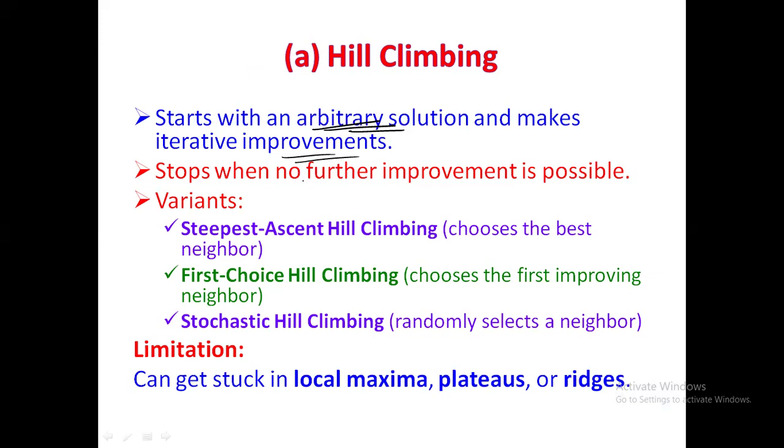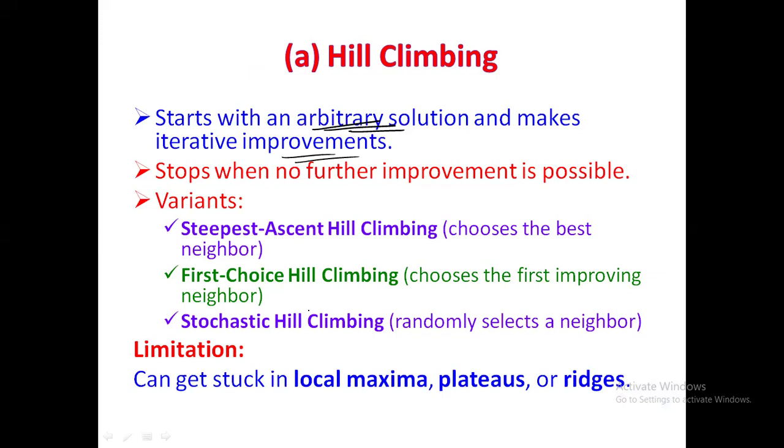If a better neighbor exists, the algorithm moves to that state and repeats the process until no further improvement is possible. This approach is commonly used for solving mathematical and artificial intelligence problems, particularly in search and optimization.